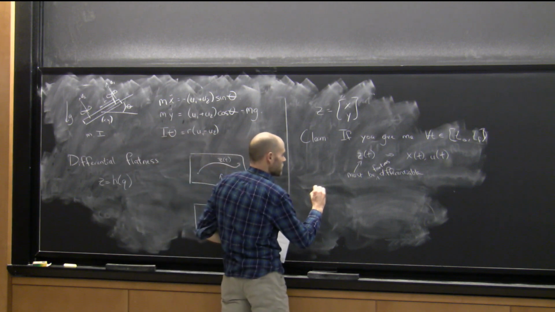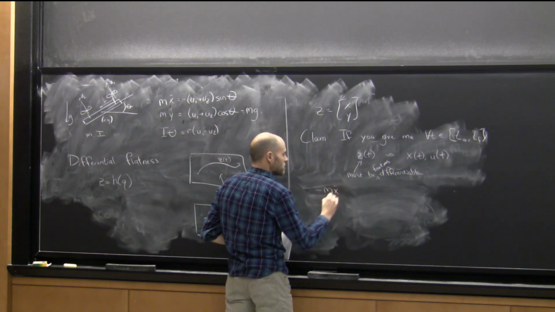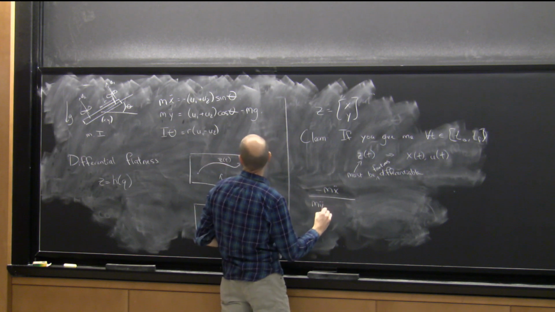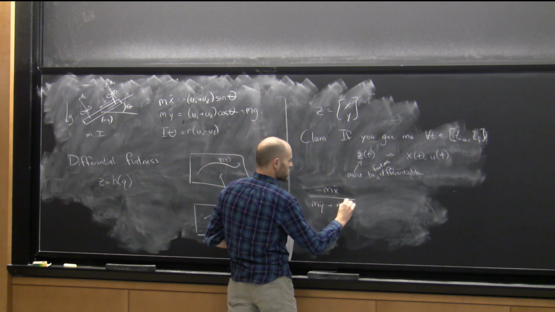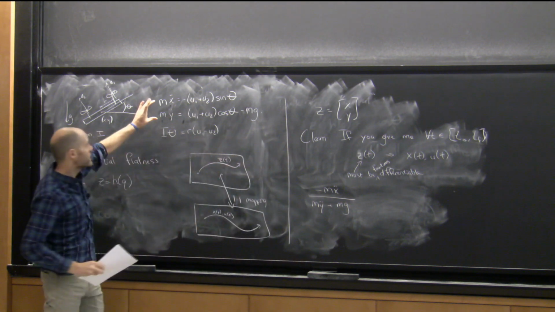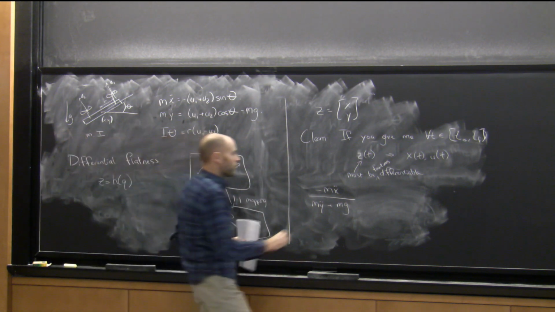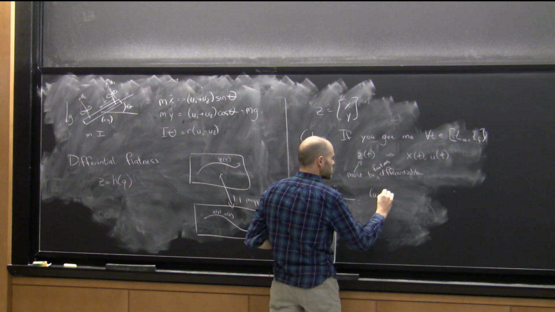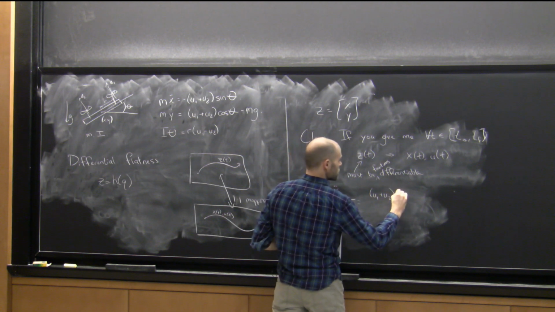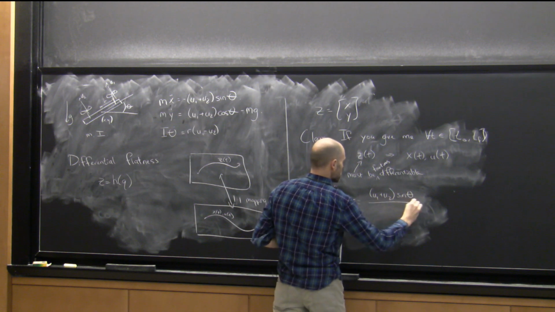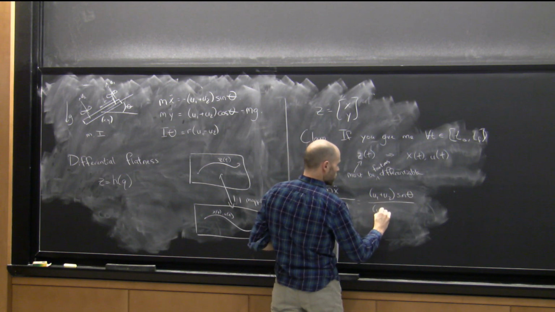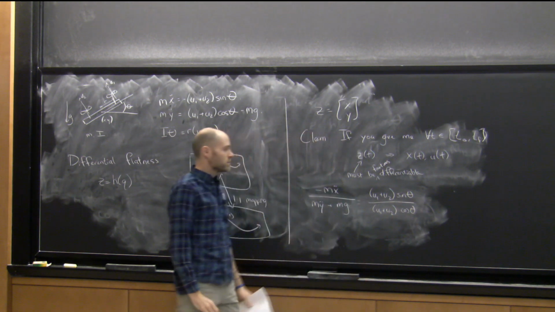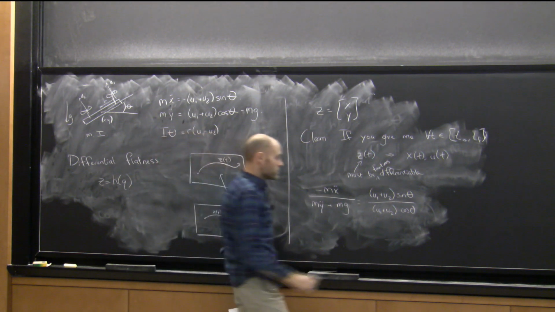If I write negative m x double dot over m y double dot plus m g, I'll just take these two equations, then what do I get? I get u1 plus u2 sine theta over u1 plus u2 cosine theta, which is just tangent theta.